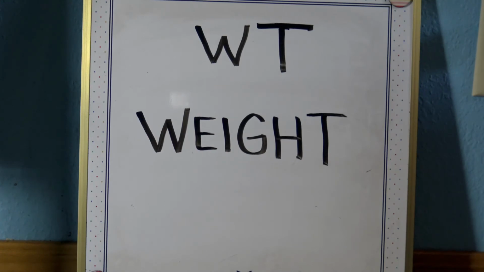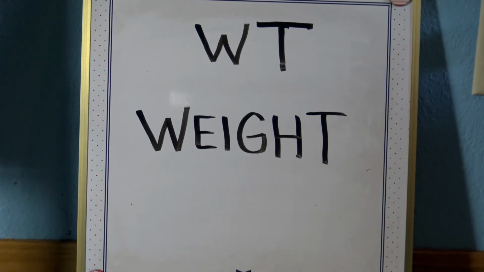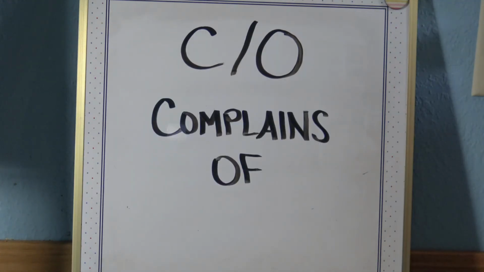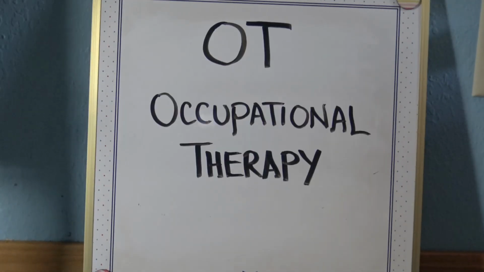WT is weight. CO stands for complains of. So like CO pain, CO headache. OT stands for occupational therapy.